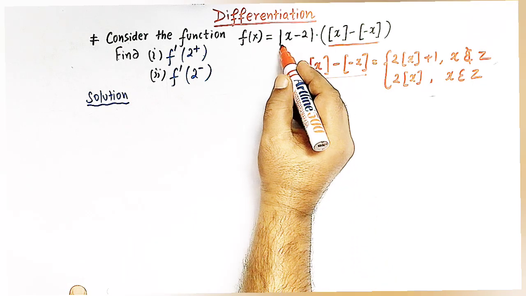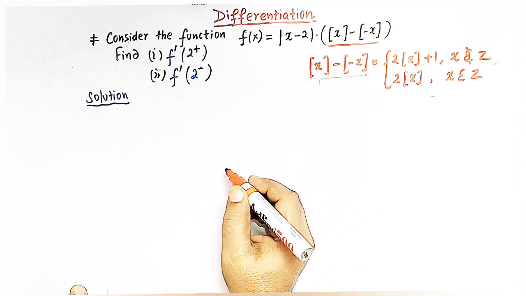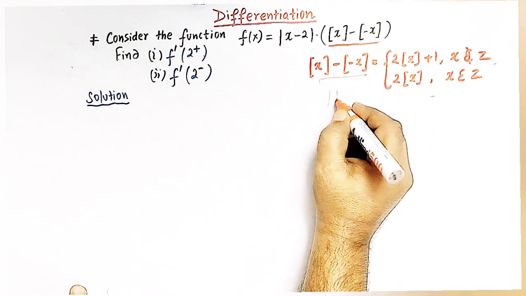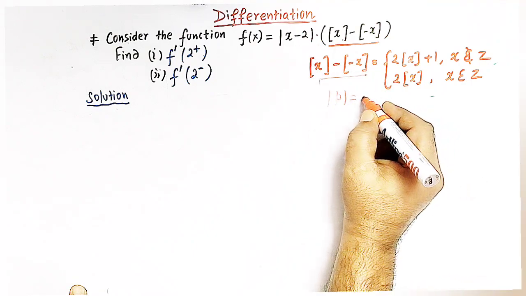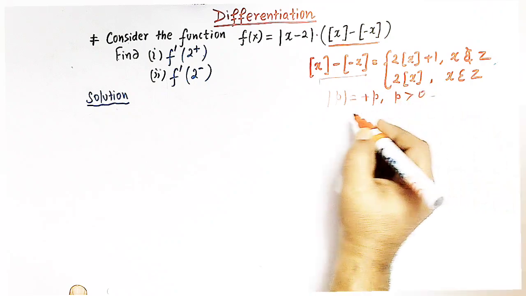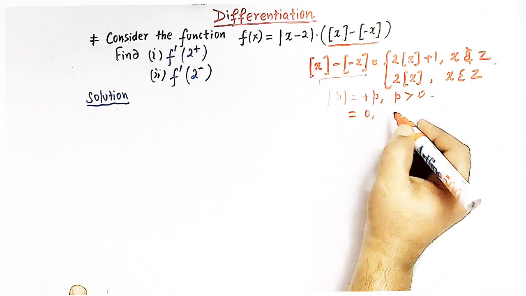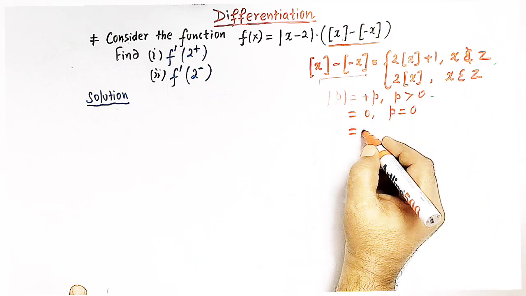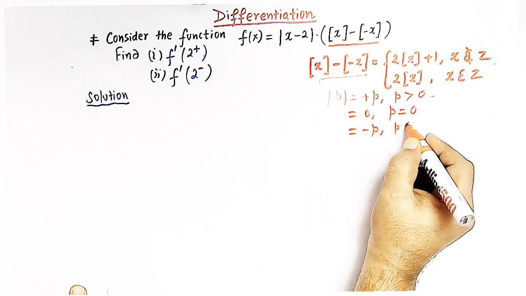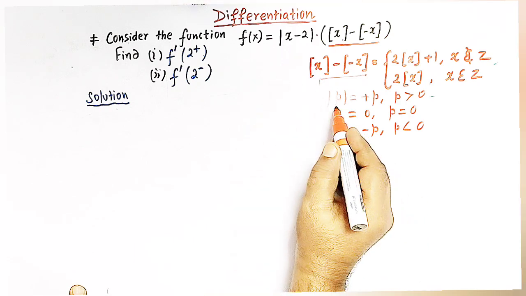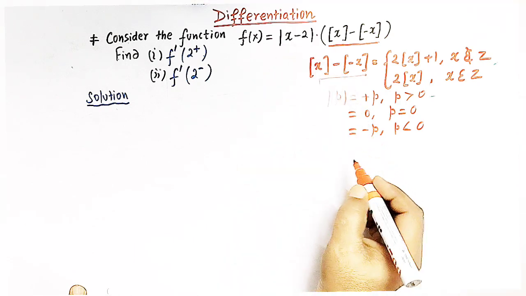Now here we have a mod of x minus 2. So let us see the definition of the mod function. Mod of p is defined as positive p whenever p is greater than 0, mod of p is 0 when p is equal to 0, and mod of p is negative p when p is less than 0, right? Here for p we have x minus 2.